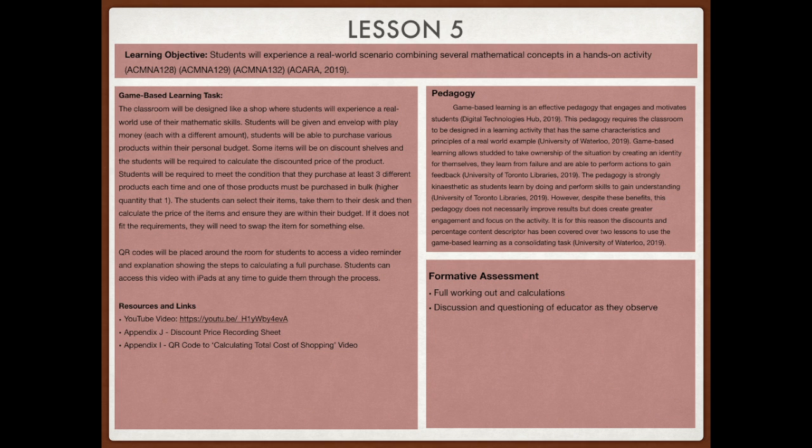So they will calculate each of the items to the new price after the discount. It'll show them how to multiply for a bulk quantity item. It shows them how to add the full totals together and to then see if it can fit into their budget and how much change they get from that budget if it does fit in. So that video is more used for students who need that extra help.